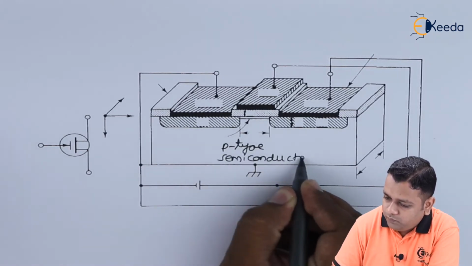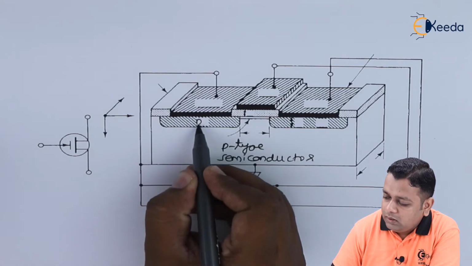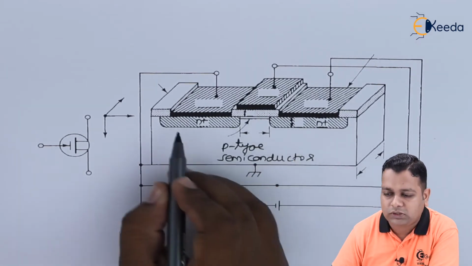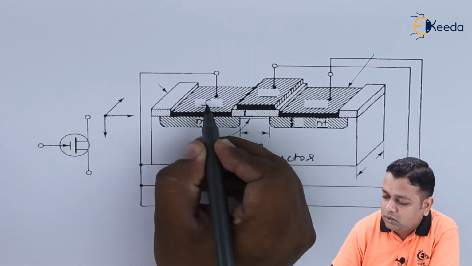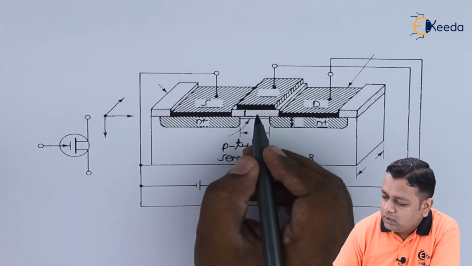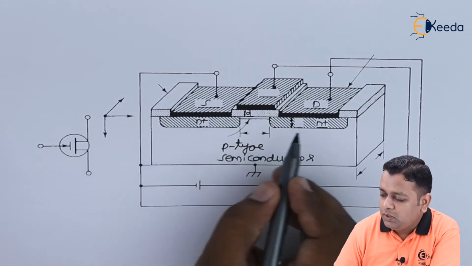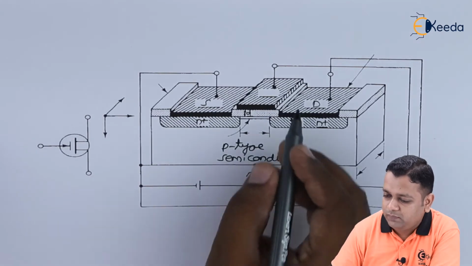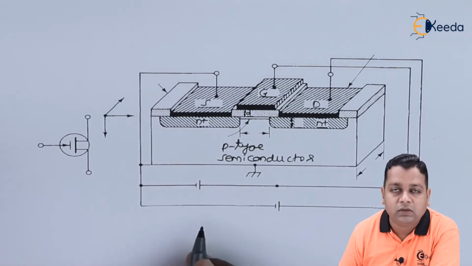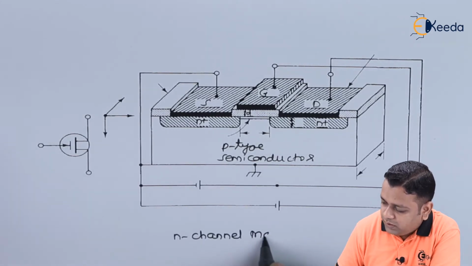On the basic P type semiconductor material, the diffusion of N positive regions with heavy doping is grown at these two particular portions, representing the source and the drain terminals, whereas the middle portion, which has the dimension represented by L, is the P type semiconductor material, and between the two heavily doped N positives we have the gate terminal represented by G. So this is basically giving us the N channel MOSFET.